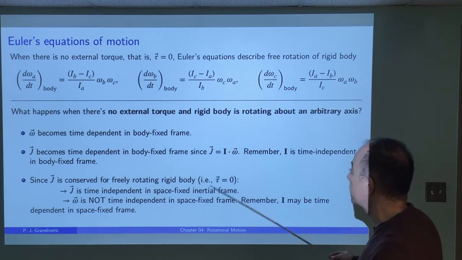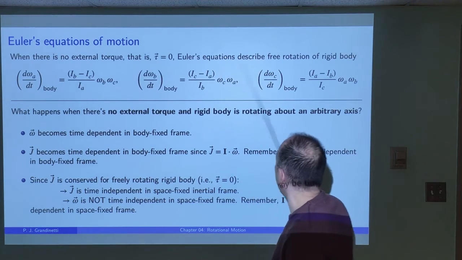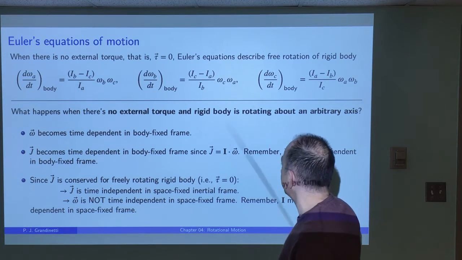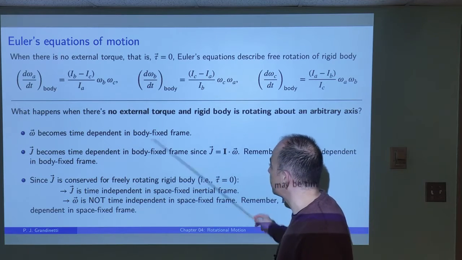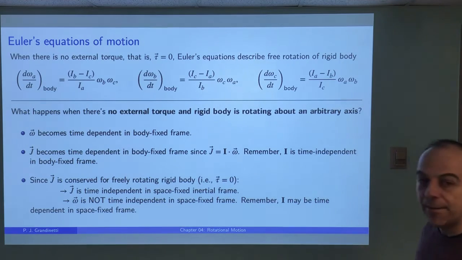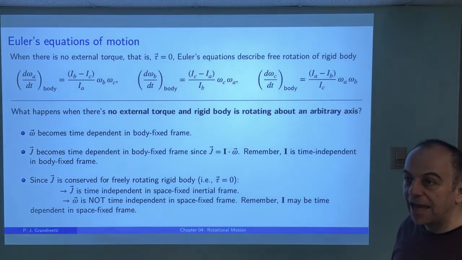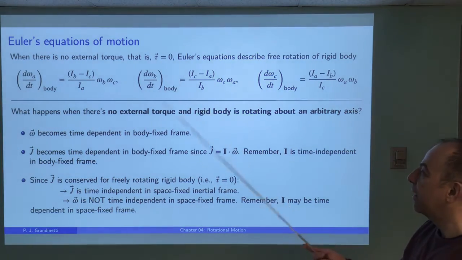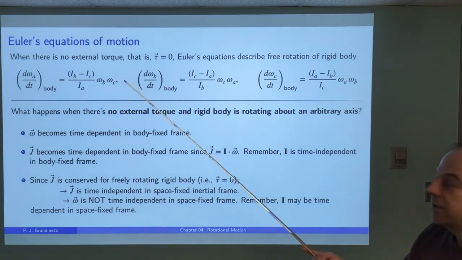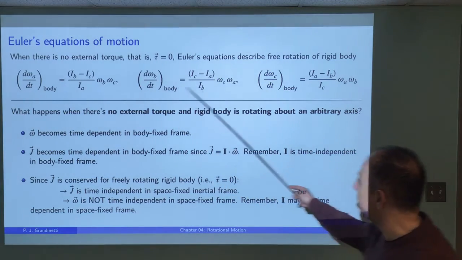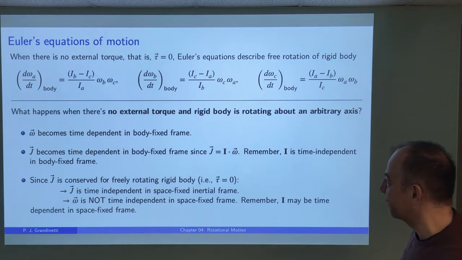And as we look through this, we'll see that all the components are going to have a time dependence, that is, the derivative is not going to be zero, so omega is going to be time dependent in the body fixed frame. So if we're not spinning about one of the principal axes, then the angular velocity vector is going to be time dependent because all these derivatives are going to be non-zero.